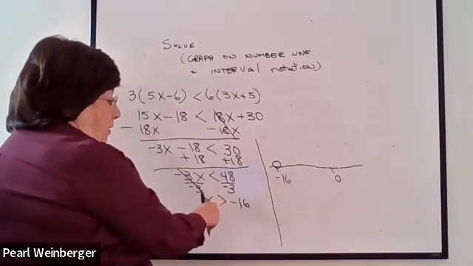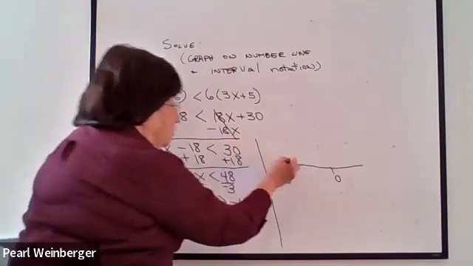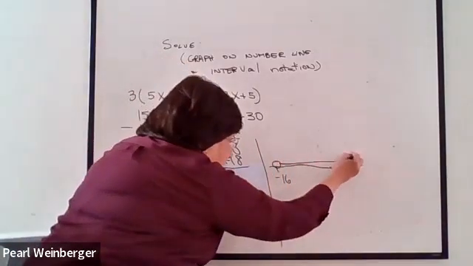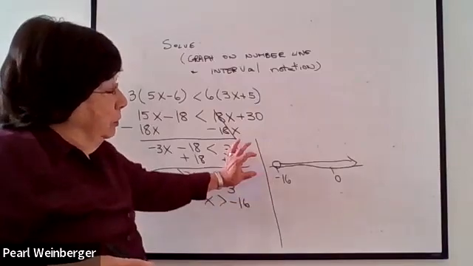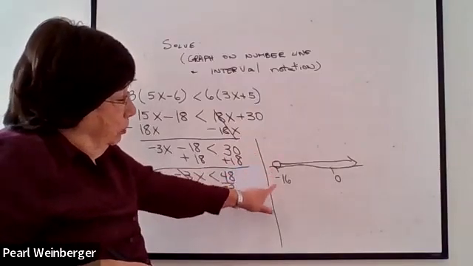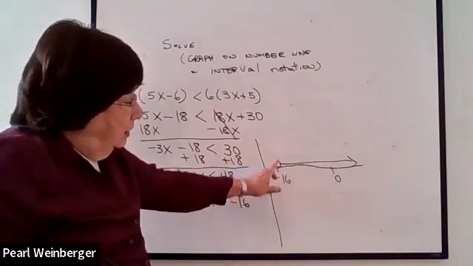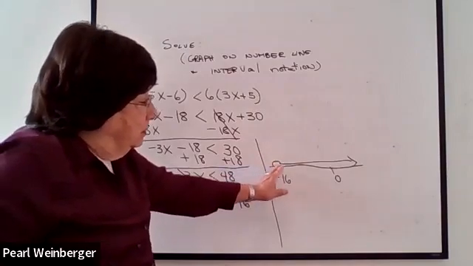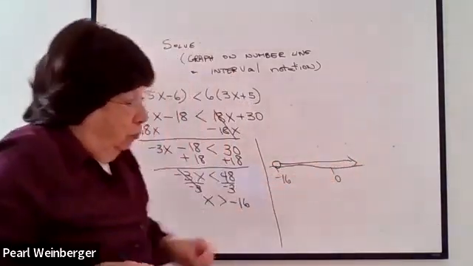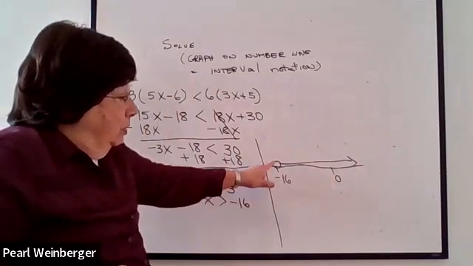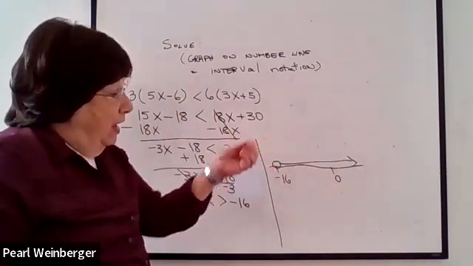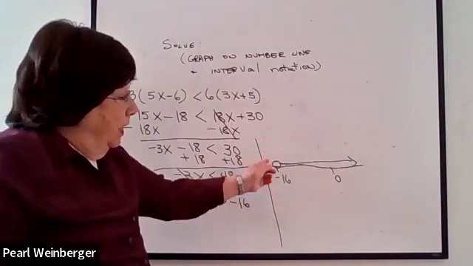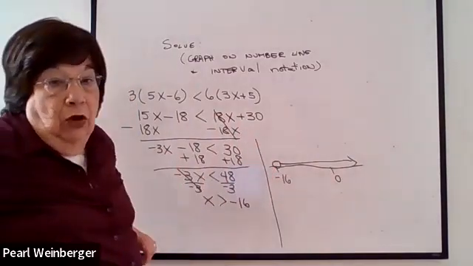And as you notice, this looks like it's pointing to the right, so our arrow is going to be pointing to the right. Again, if you were doing this on Delta Math, you would go to the -16, click on the -16, and then drag it to the right. It would turn out that this would be a filled-in circle. You would then have to, after you have the arrow there, go back and click on it to make it an open circle.